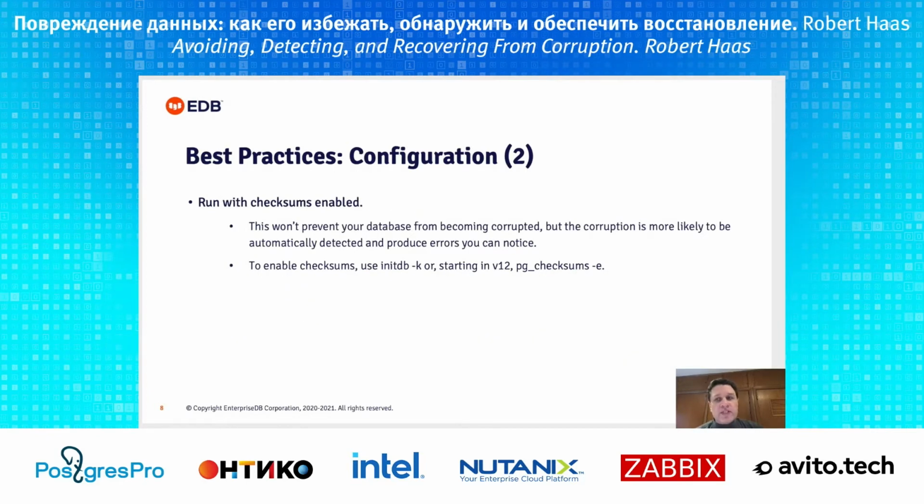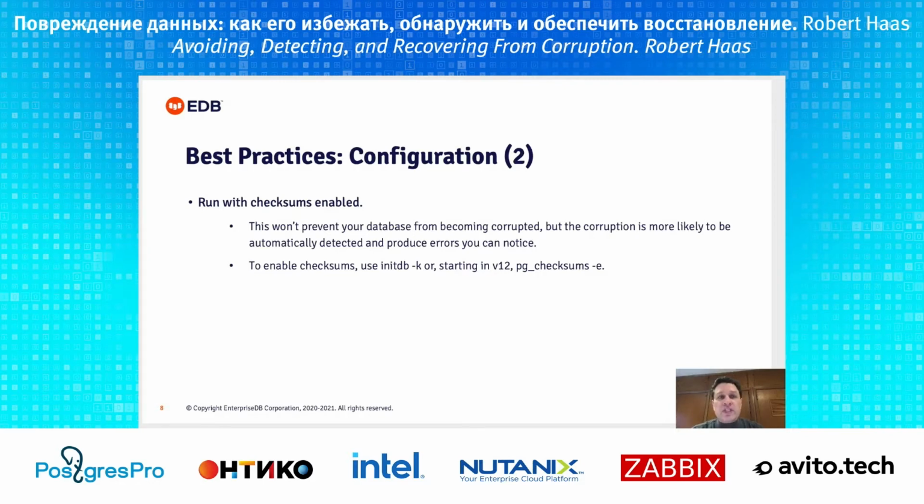There's one other piece of configuration which is not part of postgresql.conf, but which is really useful if you're concerned about the possibility of database corruption, and that is the checksums feature. Turning on checksums won't prevent your database from becoming corrupted, but the corruption is much more likely to be automatically detected and to produce errors that you can notice.